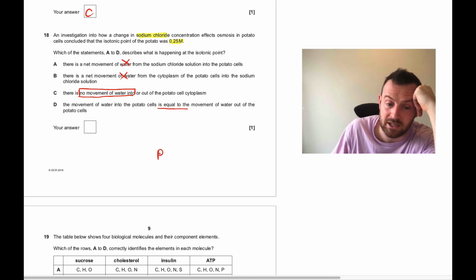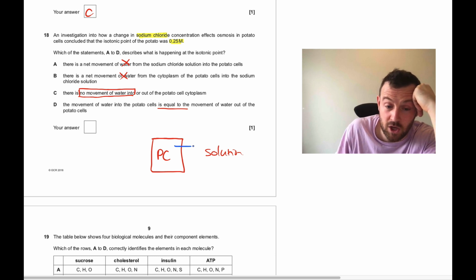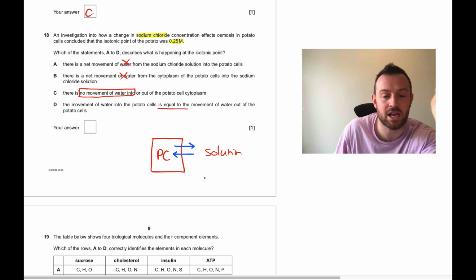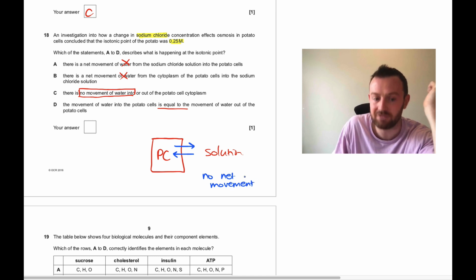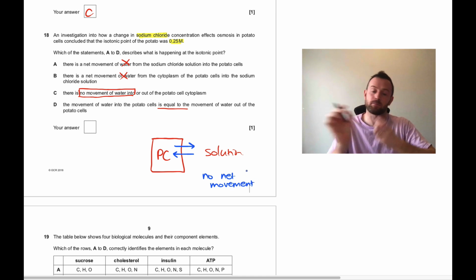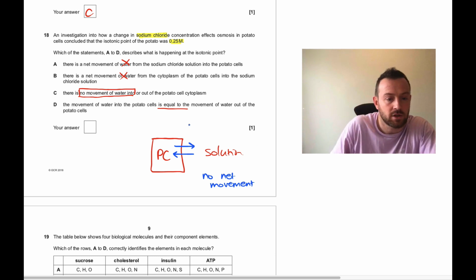So if this is a potato cell here, let's just picture one of them, and this is the solution outside. Water molecules are crossing this way, but they're also crossing this way. So the movement is equal. We could say there's no net movement, but I wouldn't say there is no movement, because individual water molecules are still going backwards and forwards just at the same time. Okay, so that is going to be D.